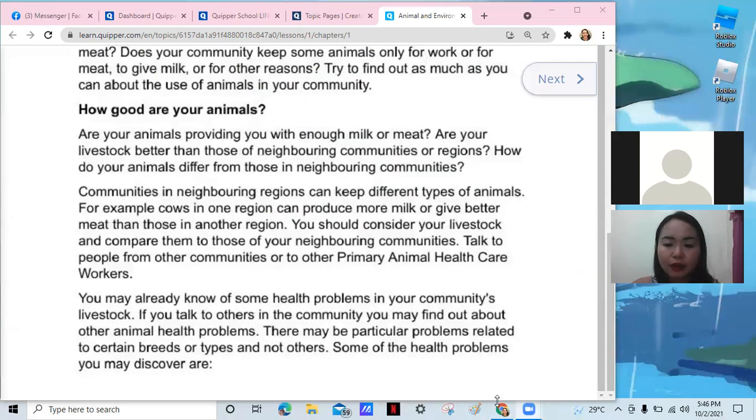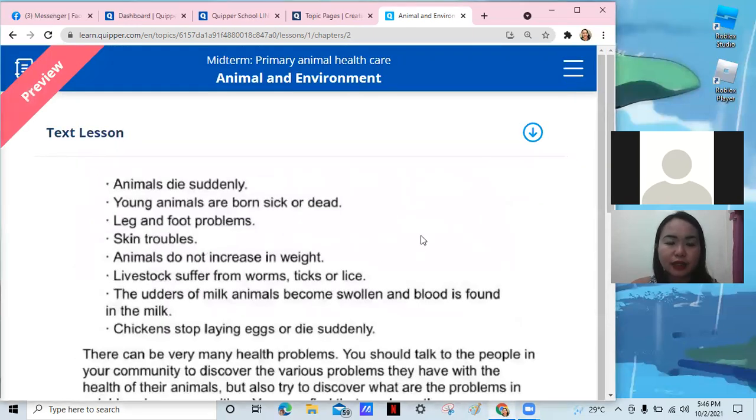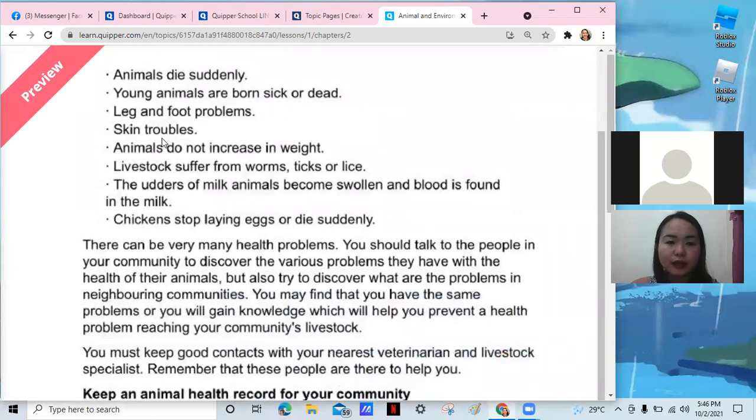The type of problems that can be discovered include why animals die suddenly, or why our young animals are born sick or dead.